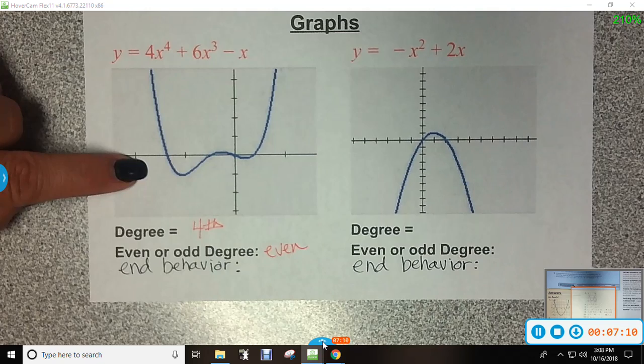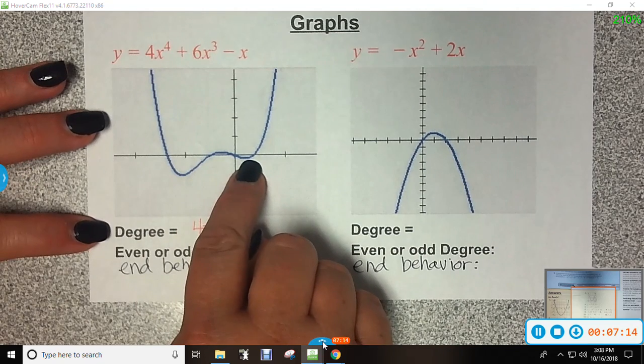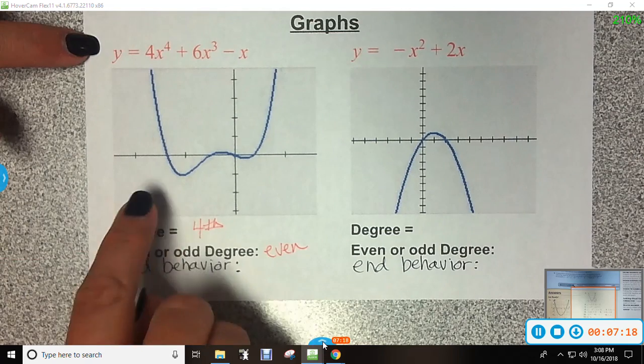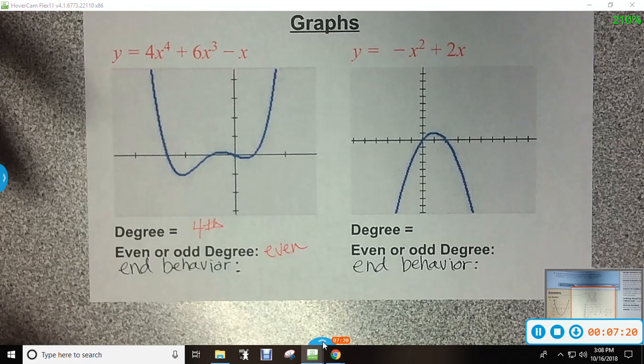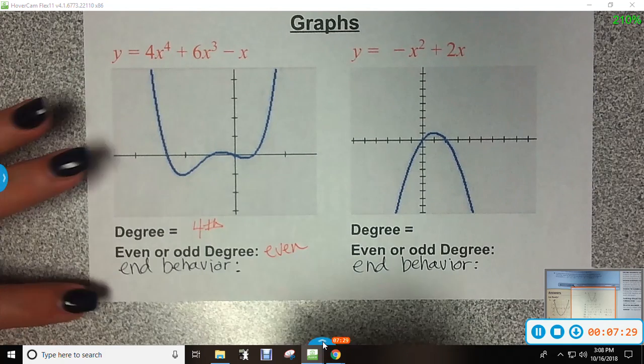Let's count our turning points. I've got 1, 2, 3 turning points, plus 1 gives me 4, 4th degree. My equation and my graph, all that information matches together. So then, end behavior. Which way does the left side and the right side go? Up and up.